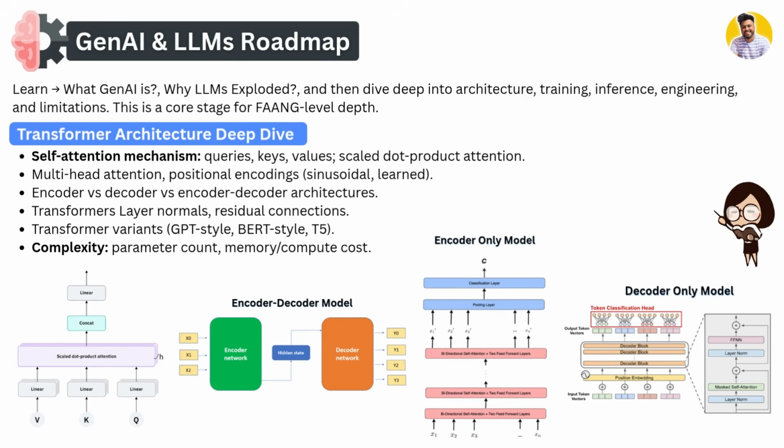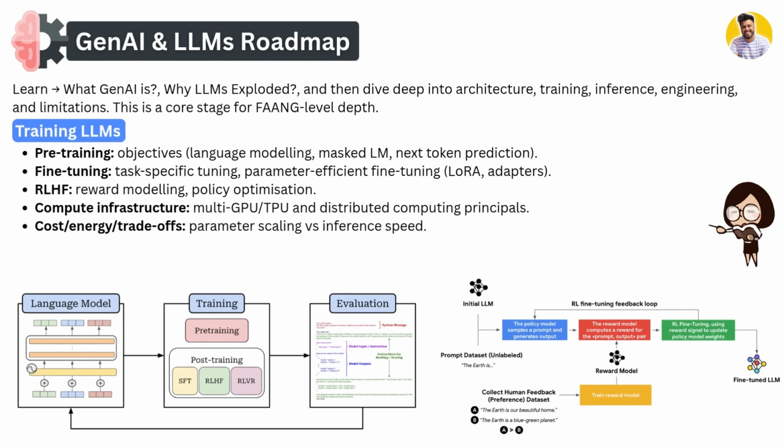And when you feel confident in all this, then move to the training of large language models, in which you learn about pre-training, where you have objectives like language modeling, masked language modeling, or next word prediction. Okay, and then we have the fine-tuning of language models, meaning you have a specific task or domain in mind for which you fine-tune your language model, with the help of parameter-efficient fine-tuning, like using LoRA or QLoRA.